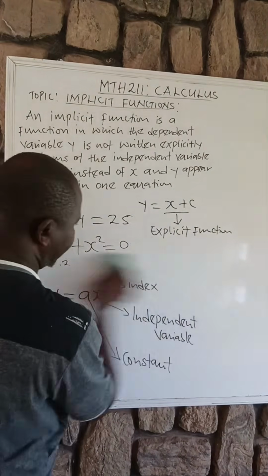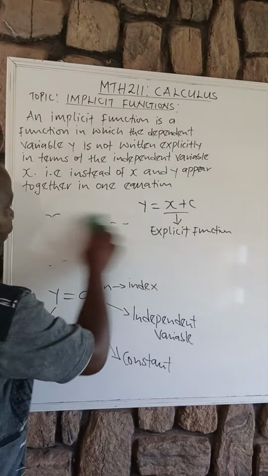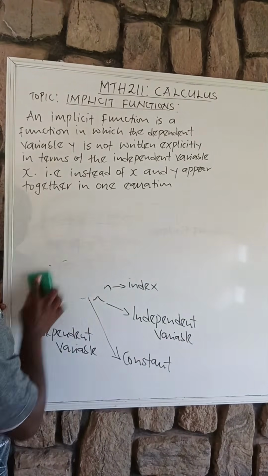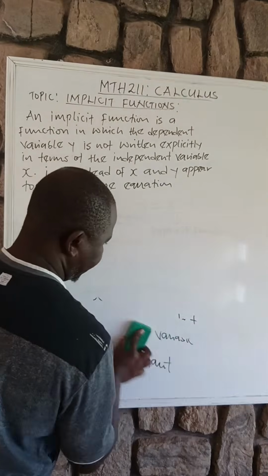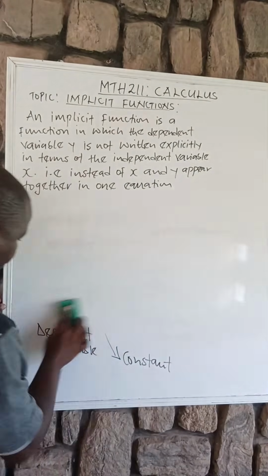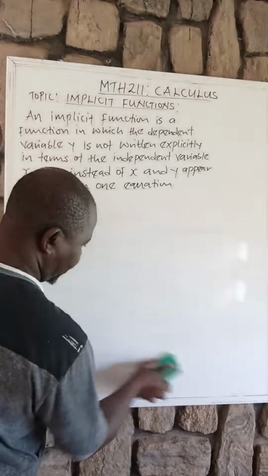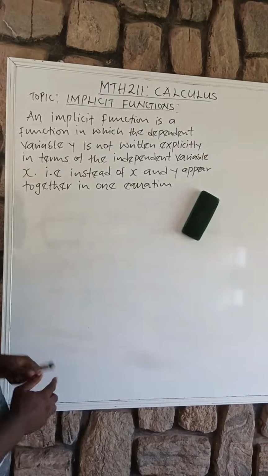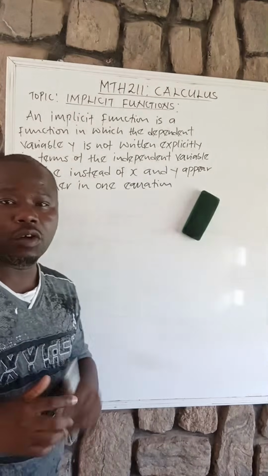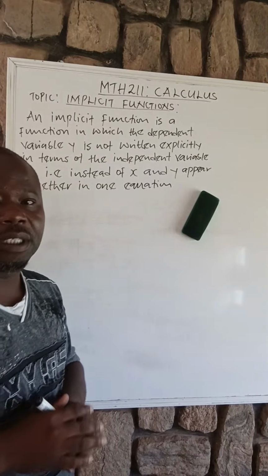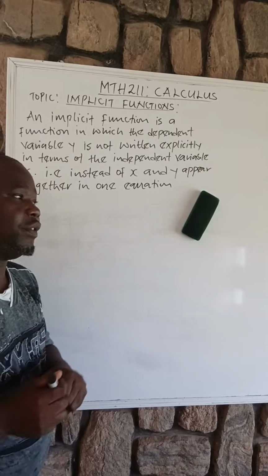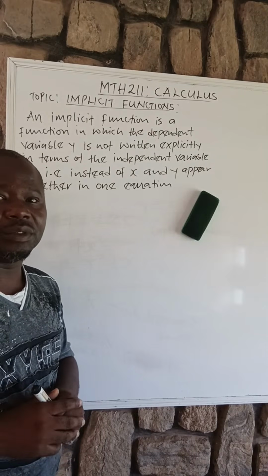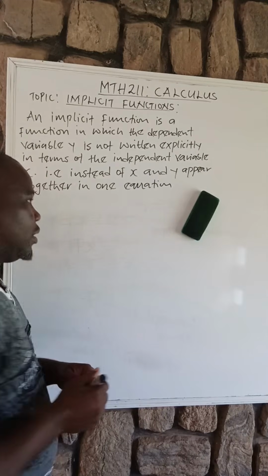Before I differentiate or cite any example, or illustrate any example here, let me remind us with the word differentiation, because everything we are going to do here will be making use of differentiation. So if you don't know how to differentiate, that is a very big problem. Is that clear?